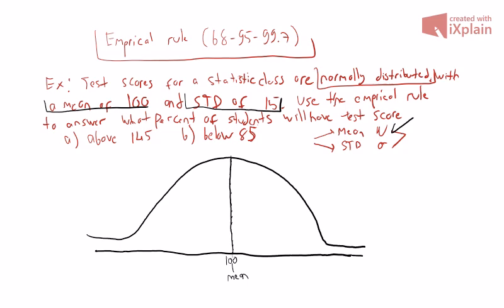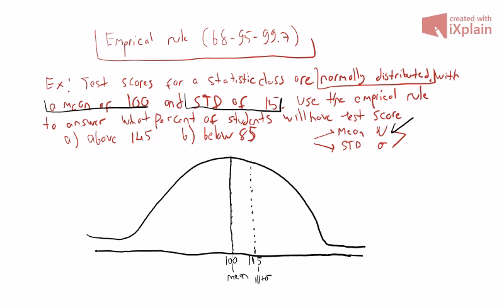So standard deviation describes how far we are away from the mean. So if I go one standard deviation away from the mean to the right, the value here is going to be what? 115. How did I calculate that? 115 comes from mu plus sigma.